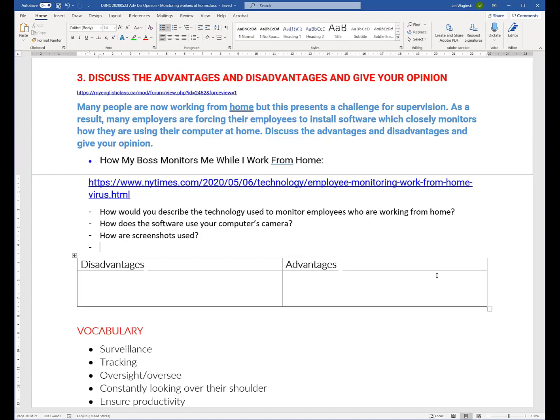So this app takes a screenshot of your monitor, and that is shared with anyone who is supervising your work. They can review that kind of imagery. How did the author's boss feel about all of this information that he was given?